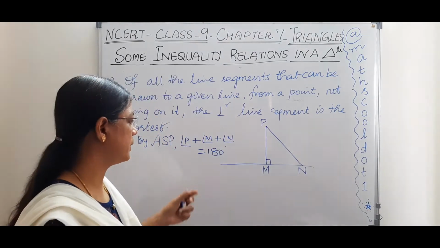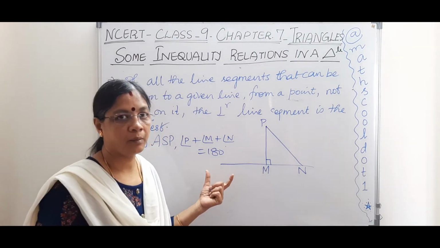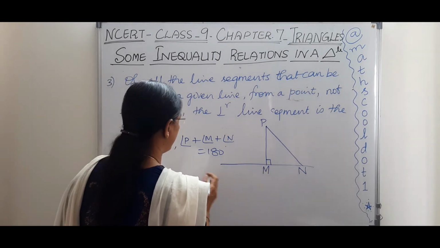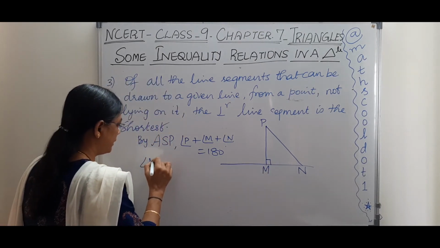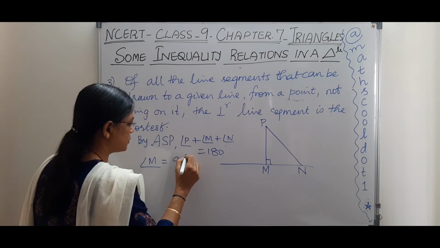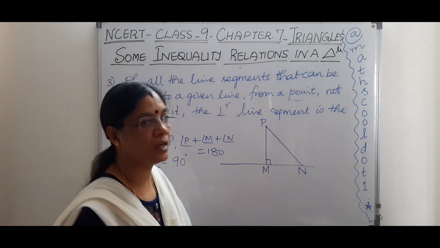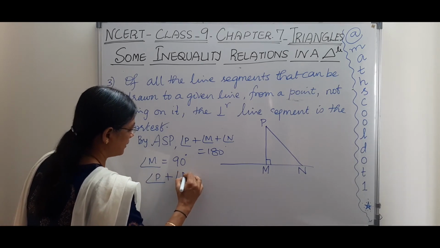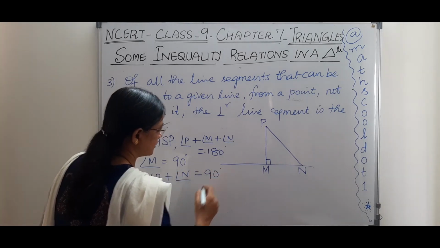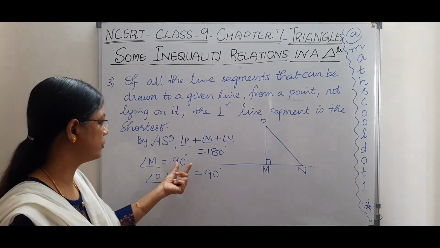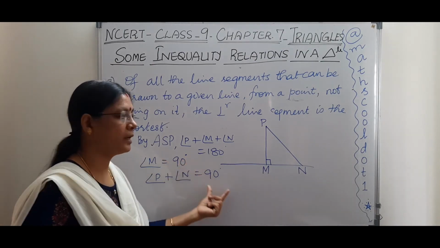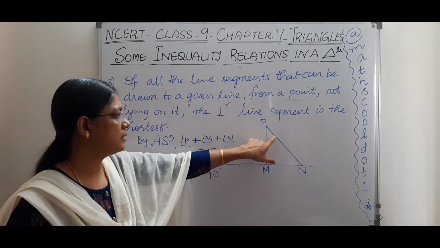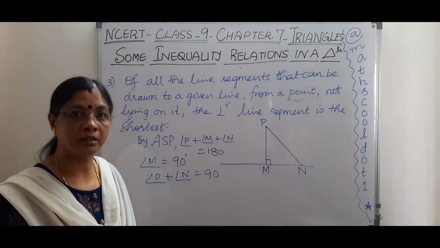Now we are given angle M is equal to 90 degrees. So what can you say about the rest of the angles, angle P and angle N? Angle P plus angle N should be equal to 90 degrees, isn't it? Then, according to ASP, only then we'll be getting 90 plus 90, it is 180 degrees. So if M is 90 degrees, then the other two should add up to 90 degrees.